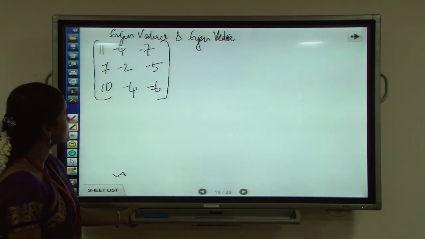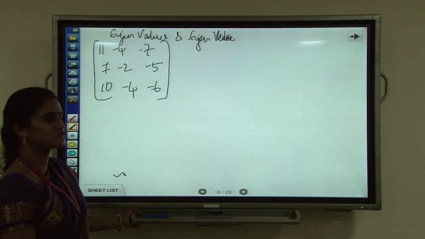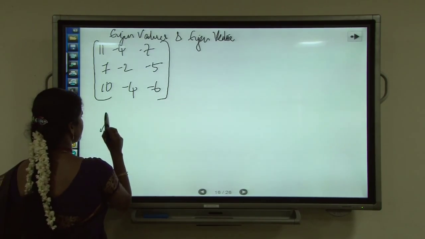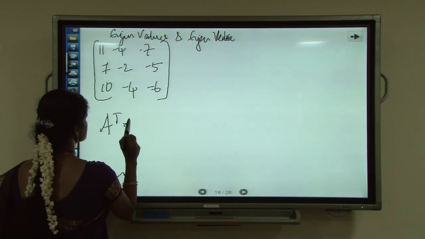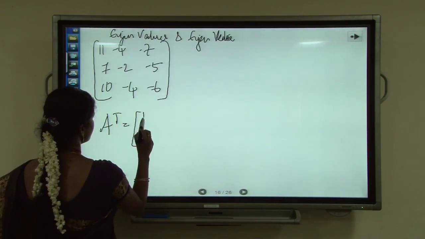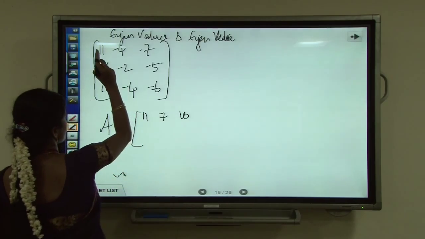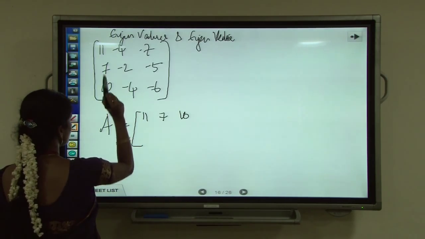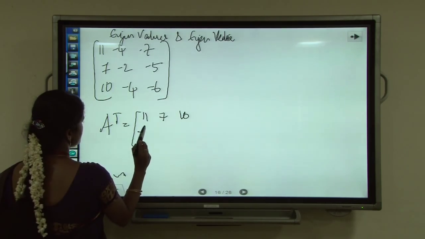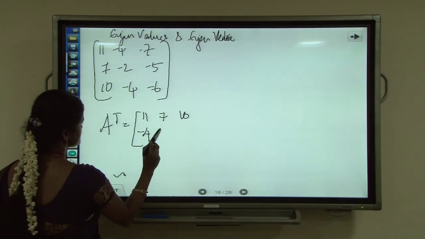Here let us check whether A and A transpose are equal. If I find A transpose, then it is 11, 7, 10. It means I have interchanged the first column as the first row, then the second column as the second row.